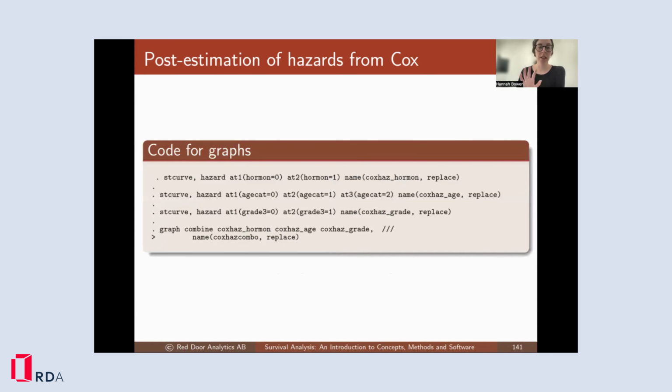Now note that this command won't give you exactly the same format of graphs as I show in the slides, but in the do files that accompany the course material, you can get the exact code that includes all of the options to create the graphs exactly as they are in the slides.